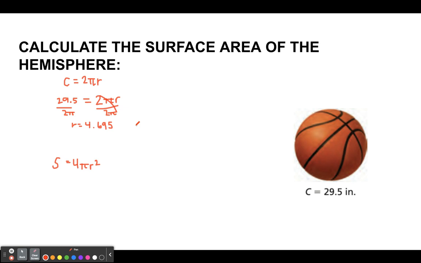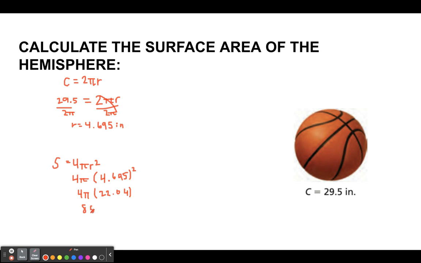And now that I know what my radius is, I can use that information to solve for the surface area. So 4 times pi times 4.695 squared. I'm going to square that 4.695, and that's going to give me 22.04. I'm going to multiply 4 and 22.04.